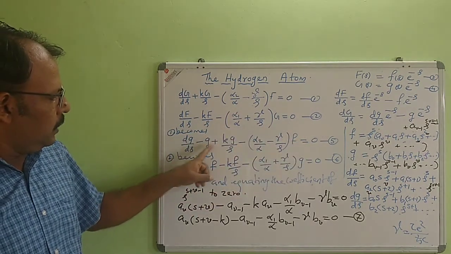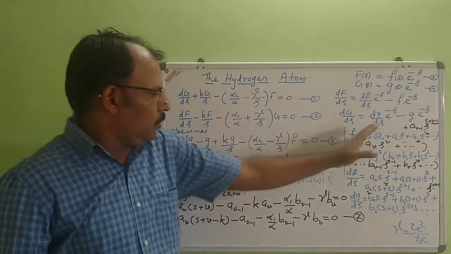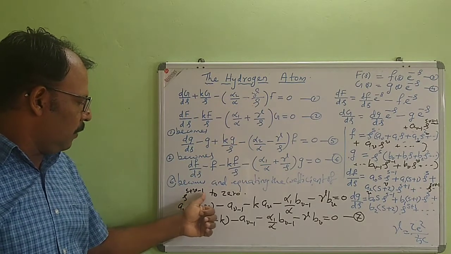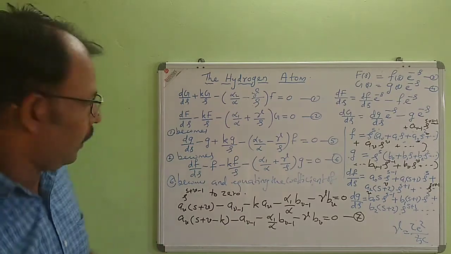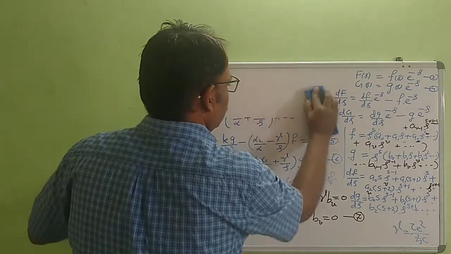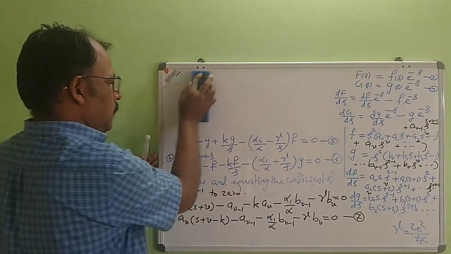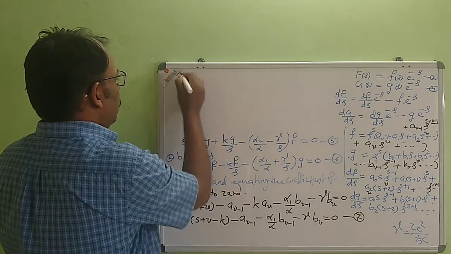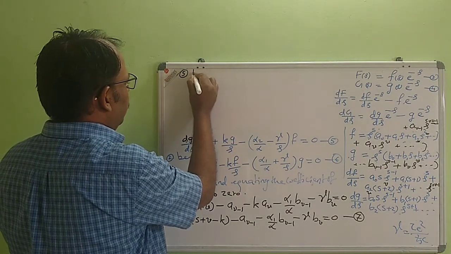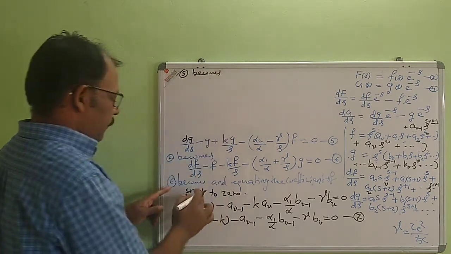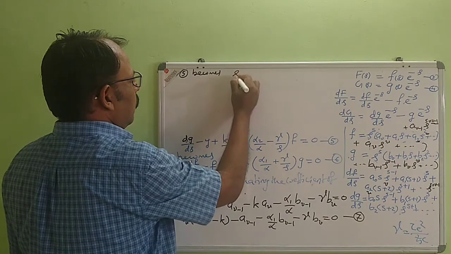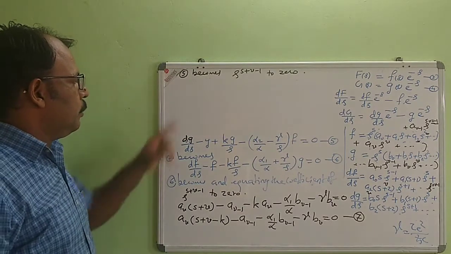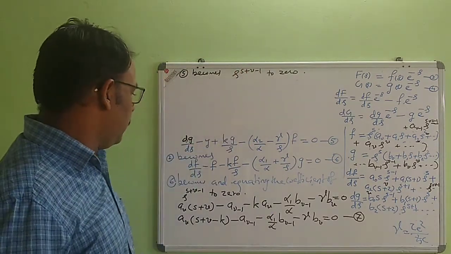Substitute dg by d rho, g by rho, f, all these values in equation 5, and then equate the coefficient of rho raised to s plus v minus 1 to 0. From equation 5, equating the coefficient of rho raised to s plus v minus 1 to 0.